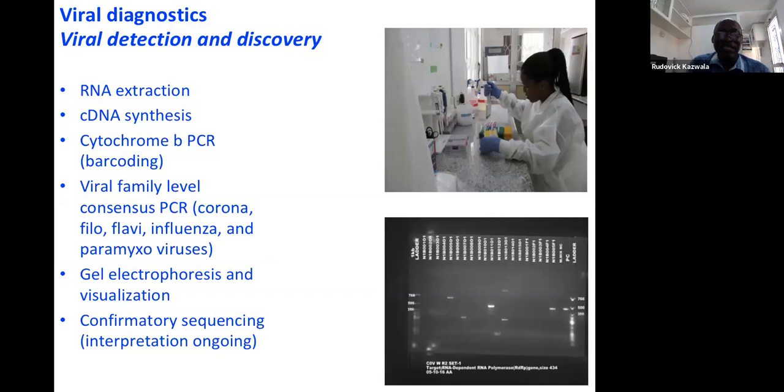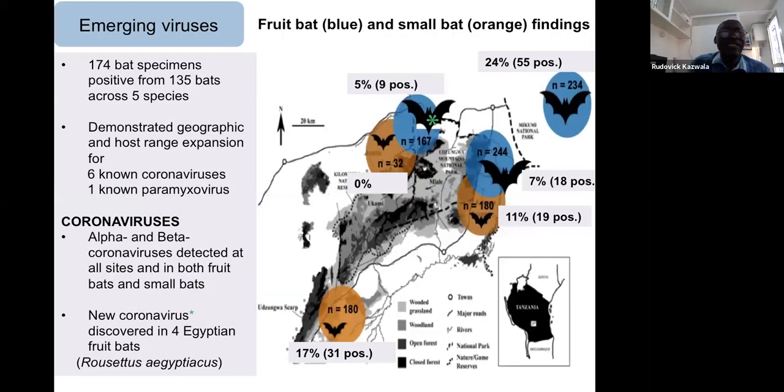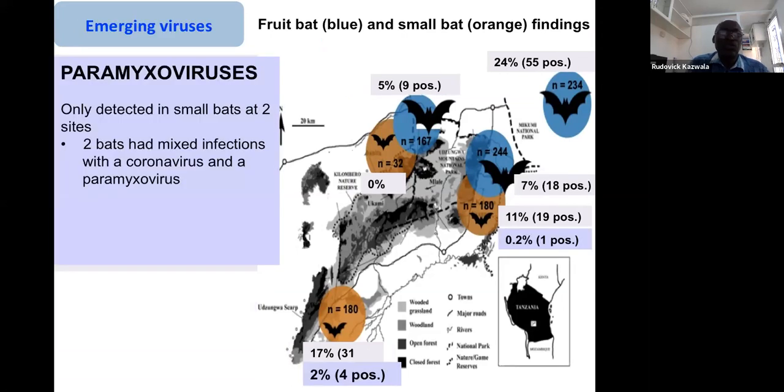These were the main viral pathogens we looked at. And through these studies, capturing bats and doing some analyses, we found, especially corona alpha and beta, in fruit bats and the small bats, and also paramyxoviruses were detected in some of these fruit bats.